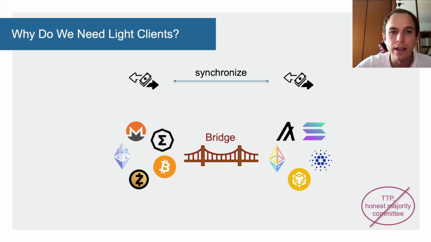So for instance, if I publish a deposit transaction to a bridge address on the source chain, I want to be able to withdraw some money from the bridge contract on the destination chain. And for this, we can use such a light client to achieve this in a trustless way. So this is why we would want to run a light client.